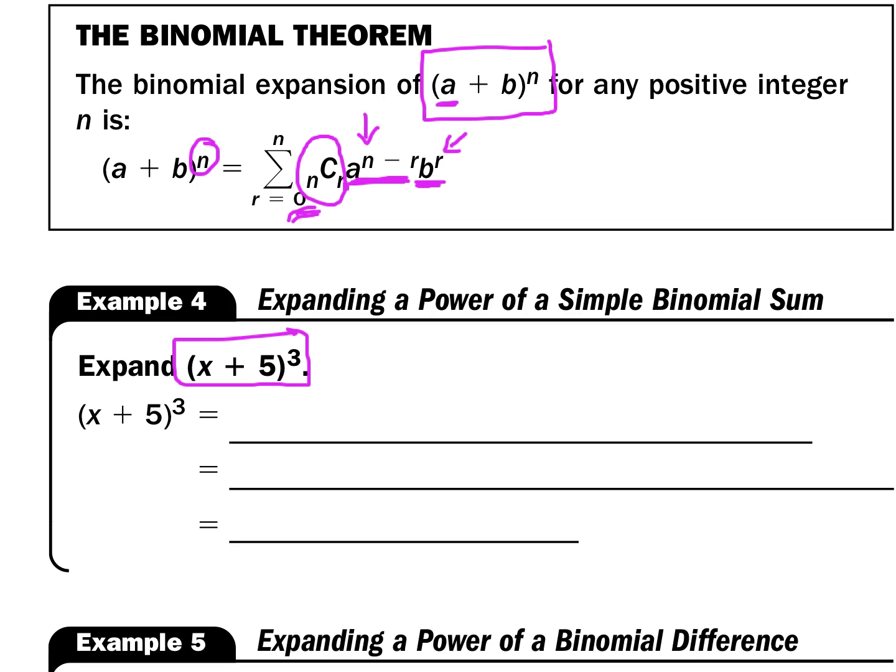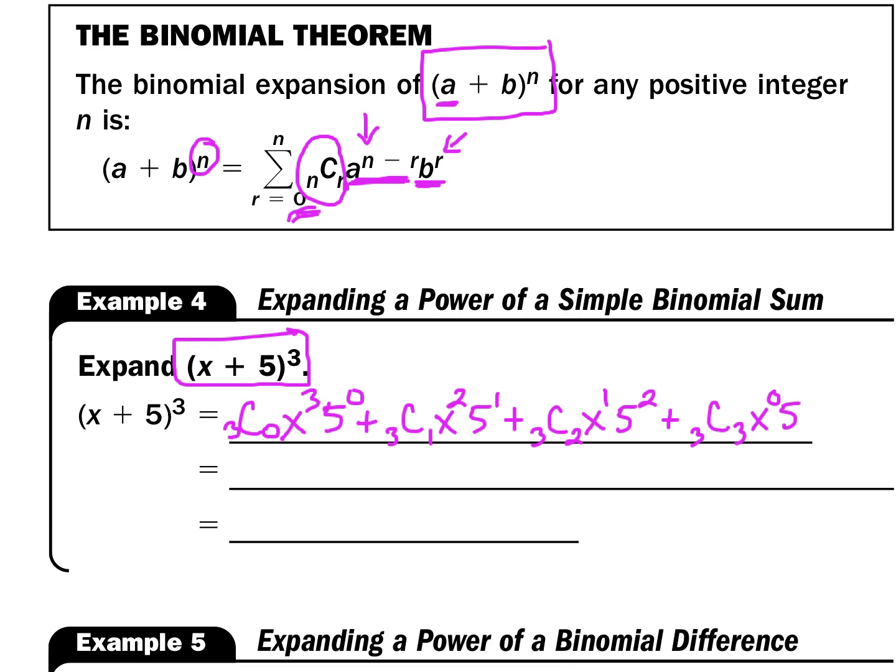So for x plus 5 to the 3rd power, our first coefficient is 3c0, x to the 3rd power, 5 to the 0 power, plus my next term, 3c1, x squared, 5 to the 1st power, plus my next term, 3c2, x to the 1st power, 5 to the 2nd power, plus, and then finally my last term, 3c3, x to the 0 power, 5 to the 3rd power.